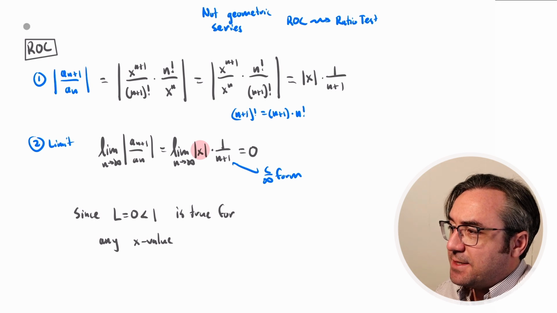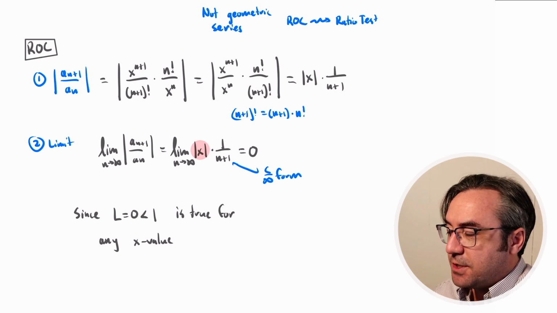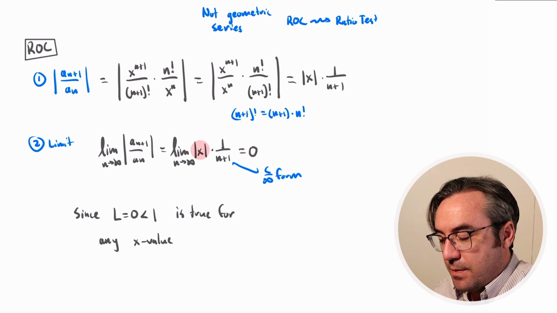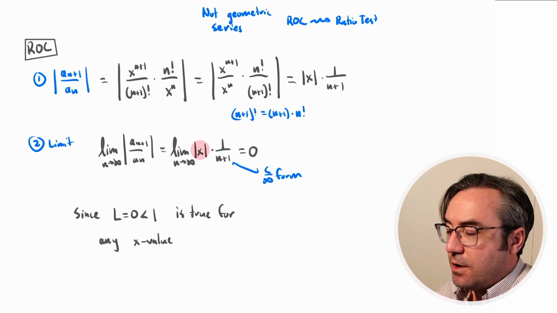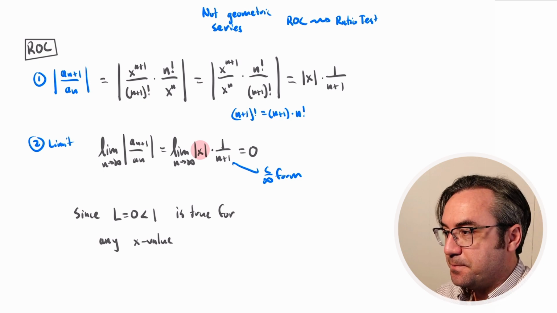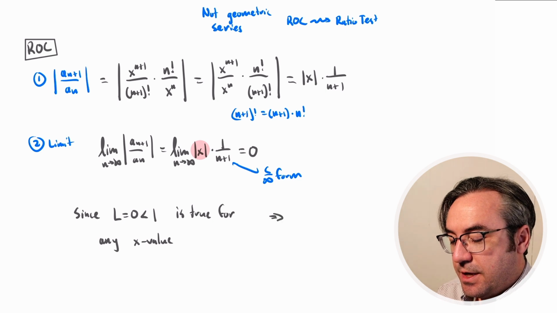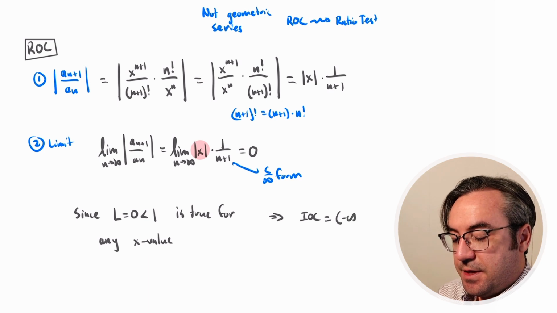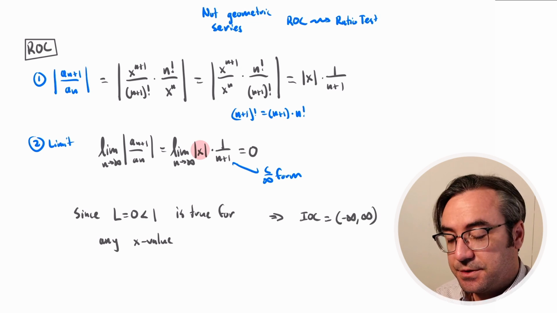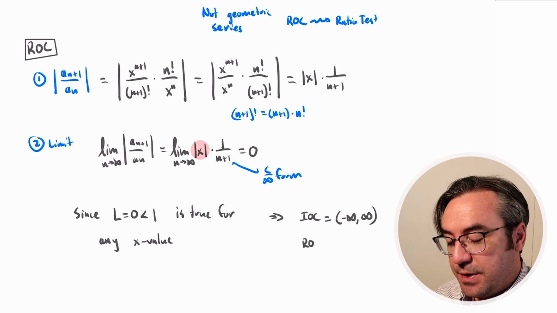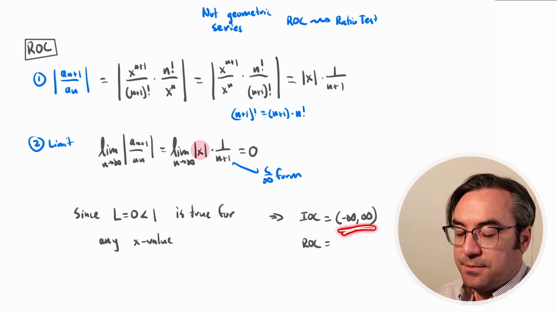So because of that, we're able to conclude, since our limit L is always going to be less than 1 for all x values, that means our interval of convergence is the entire x-axis. It just includes all x values. And from that, we can find our radius of convergence, which is half the width.